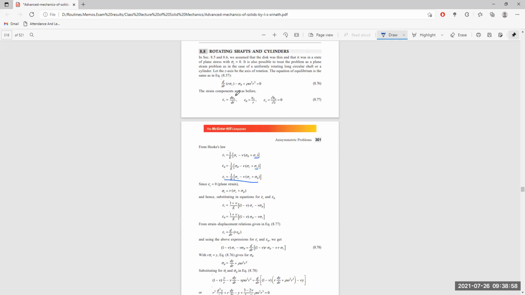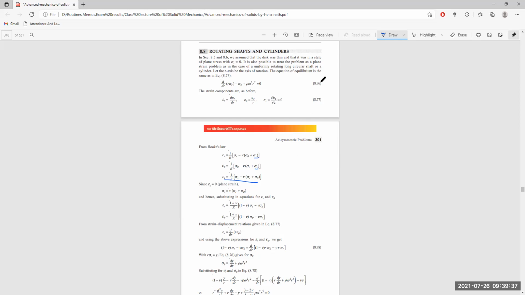Now, from these two expressions for epsilon r and epsilon theta we get (1 minus mu) into sigma r minus mu into sigma theta is equal to 1 by r d by dr of (1 minus mu) into r sigma theta minus mu into r sigma r. So r sigma r is equal to y, which we have already reduced earlier. We use this for y.